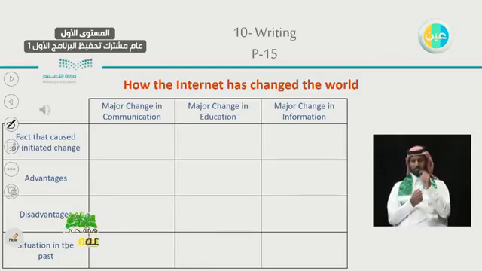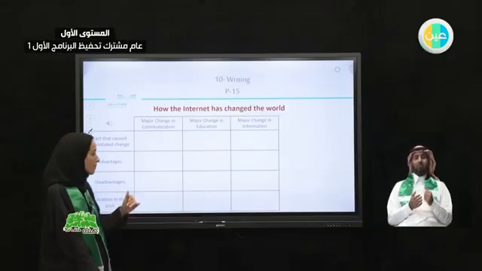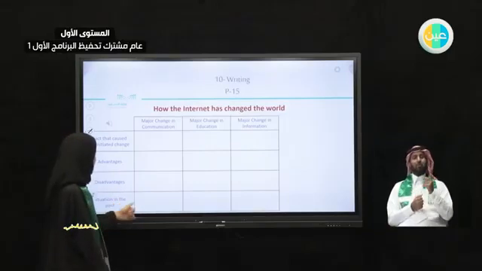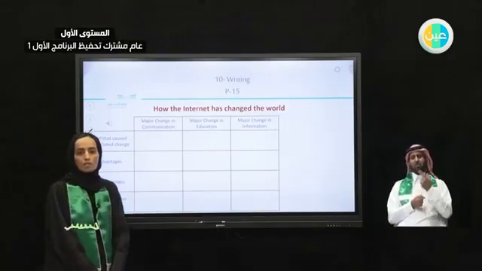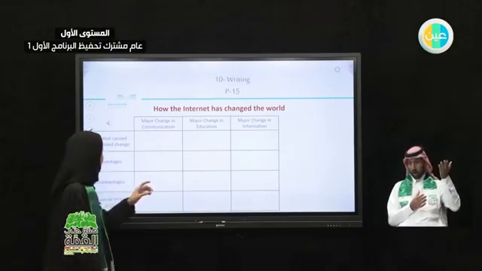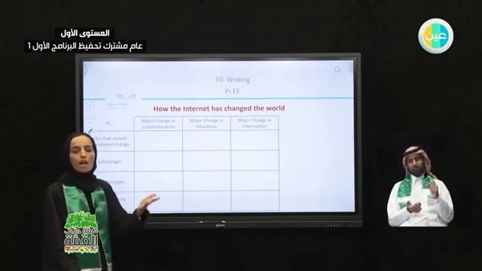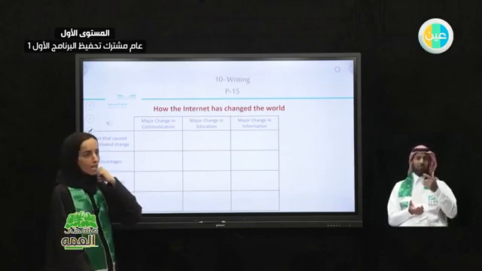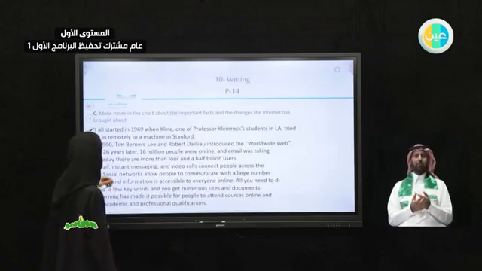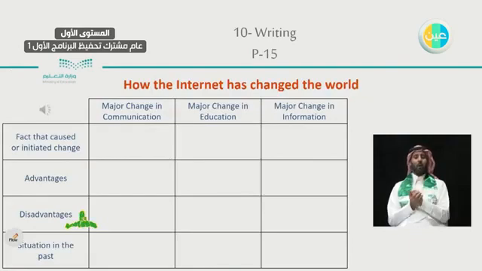Then, what are the advantages, the positive side? What are the disadvantages, the negative side, downside? And what was the situation like in the past? So not today, in the past. You will say a fact, advantage, disadvantage, then how was that? Okay? So let's listen and you will tell.